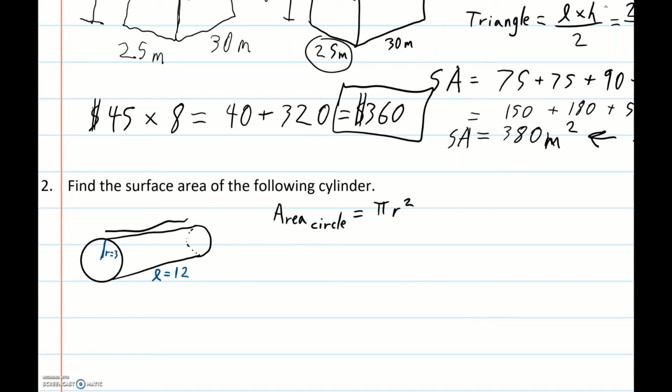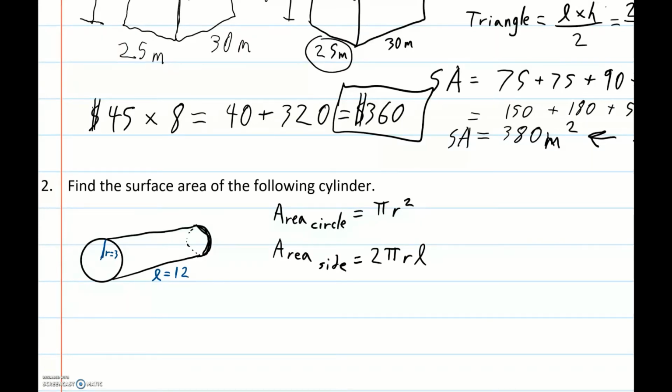The surface area of that, I'm going to call area of the side. Okay? And it's basically the perimeter formula, which you may or may not remember, but that is 2 pi r, and then times by the distance that it goes this way. Okay? So 2 pi r, and sometimes we have h, sometimes we have l.